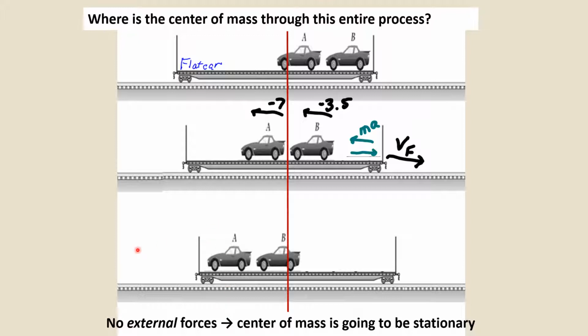The cars go to the left, the train goes to the right, and between the two of them, they balance it out so the center of mass stays put. If you've ever played around on a skateboard, you've experienced the same thing: you're not going to be able to move anywhere unless you apply an external force. Your foot has to hit the ground, to get that external force, before the center of mass can move anywhere.